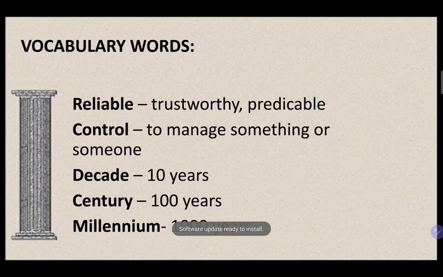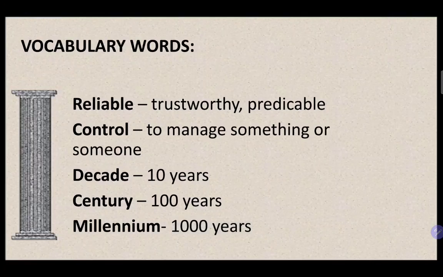Next, we have control, to manage something or someone. Next, we have decade, which is equivalent to 10 years. Century, 100 years. And millennium is equivalent to 1,000 years. These are important words that you have to remember.